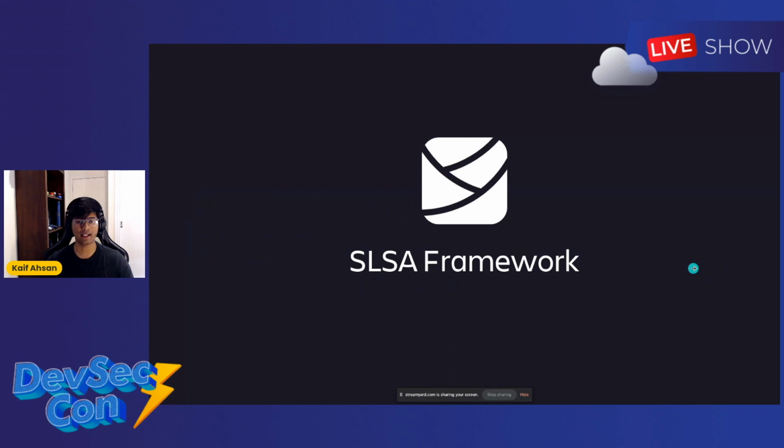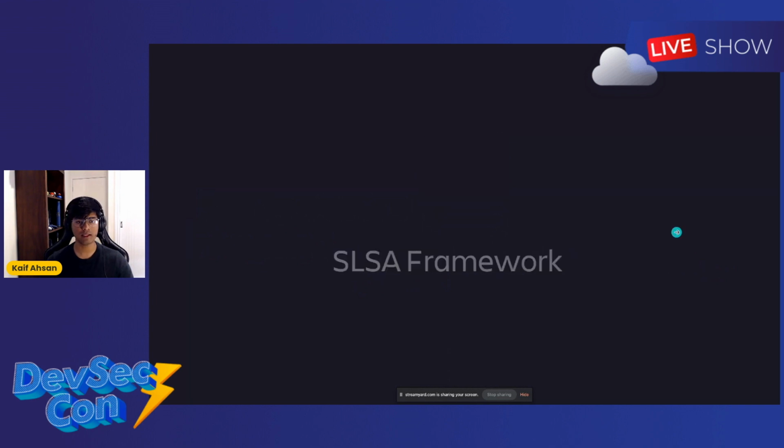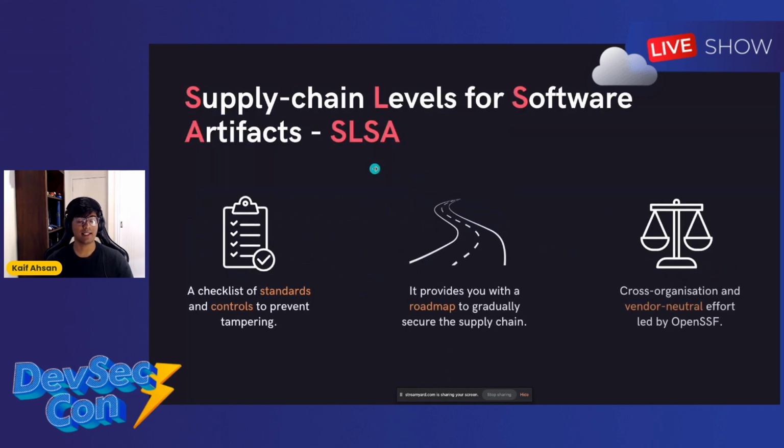And that's where the SLSA framework comes in. SLSA stands for Supply Chain Levels for Software Artifacts, and is affectionately called SLSA. It is basically a checklist of standards and controls that prevent tampering from happening in our supply chain. And it's not just a big list that we need to follow.